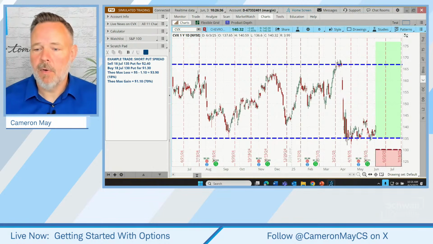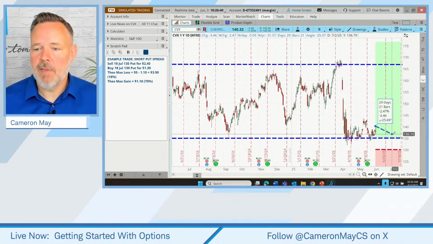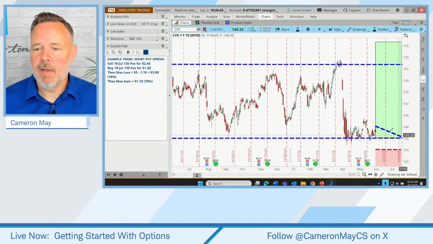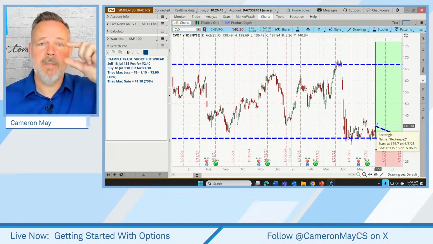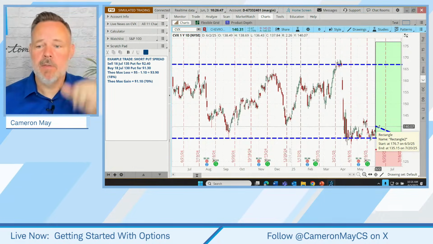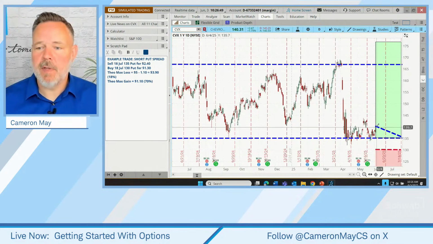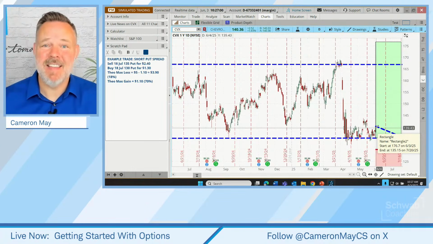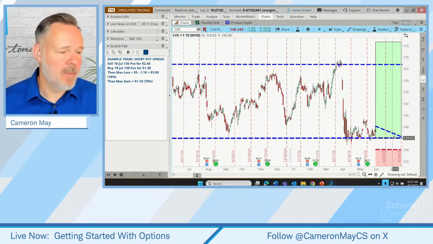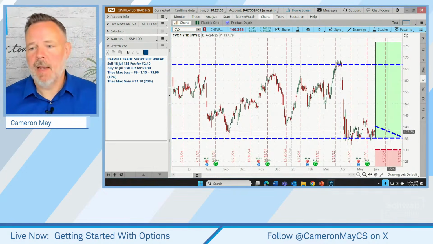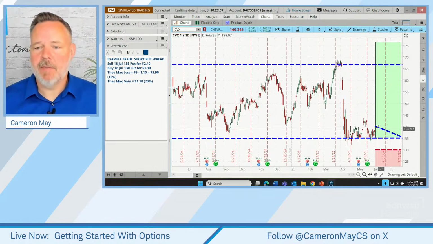Even if we go from here down to there, we're still going lower, but notice this trade has a tolerance for some distance of lower. So maybe there's a few percentage points of probability that we fall down to 135, and actually it'd be about 20% that we land somewhere between 135 and 140. I know that because we have about a 70% probability of maximum gain. In any case, yep, high probability of success.